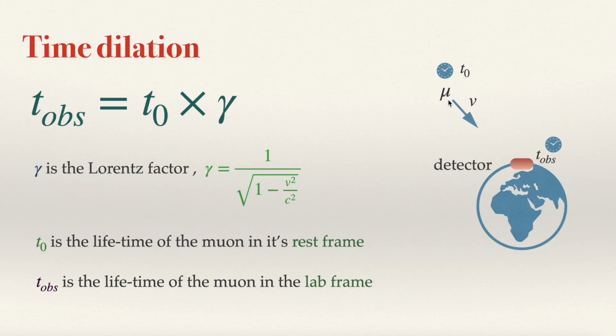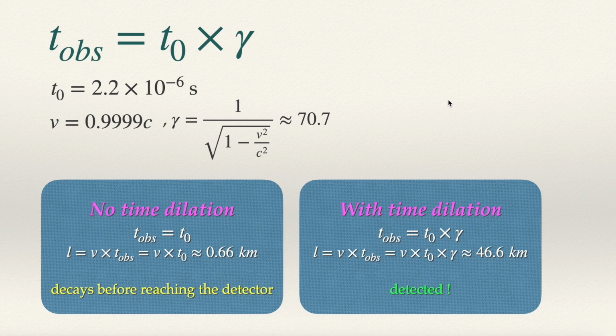The lifetime in the detector's frame of reference is, as I mentioned on the previous slide, gamma times T0, where gamma is the Lorentz factor. Let me give you one example and see how far it can travel if we include the effect of time dilation in our calculation.